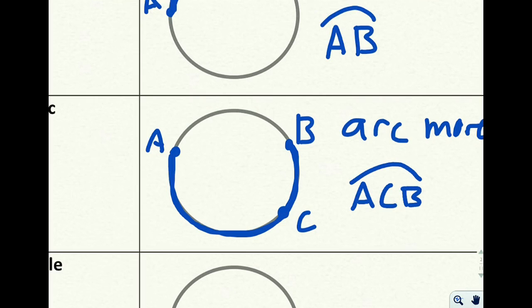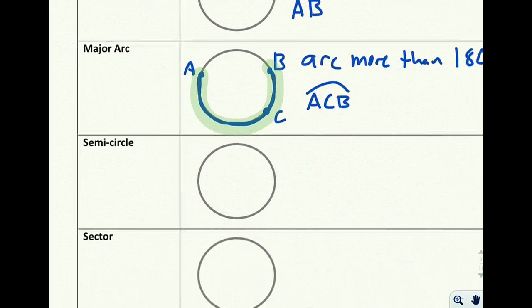Three-letter name. Kind of like you would do with angles, you just follow it along the path. Same thing here, you follow the arc along the path. You go from A through C all the way and stopping at B. It could be any point. If there are multiple points along A and B here, you could use any one of those points, but you only pick one. You don't need a four-letter name. A three-letter name is enough.